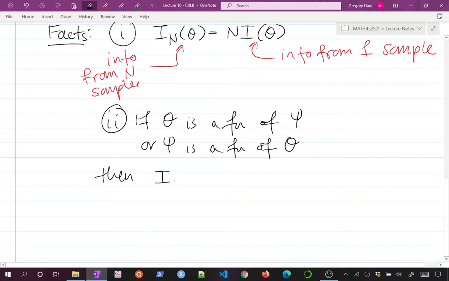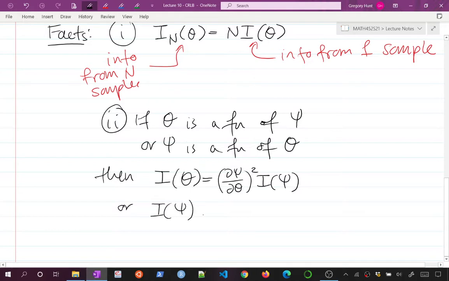the information for theta is d psi d theta squared times the information for psi, or alternatively, the information for psi was d theta d psi squared times the information for theta.